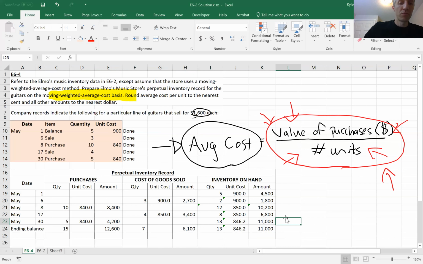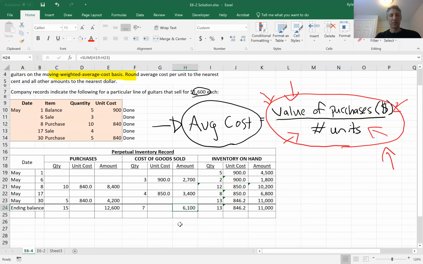Now, we've done this problem to completion, but I want to take it a little bit further and go through a couple of journal entries just to help solidify what we've learned. Hopefully we can all recognize that this $6,100 represents the total cost of goods sold for the period.